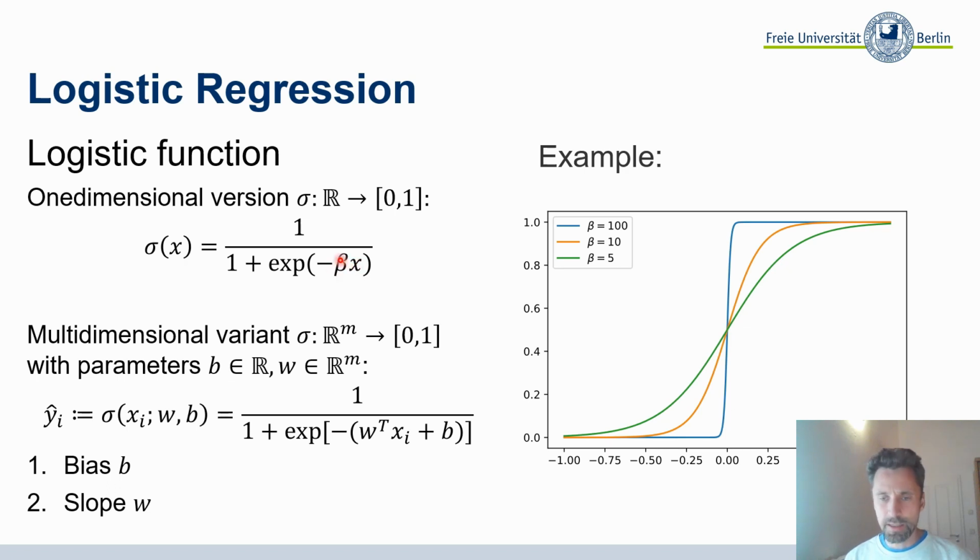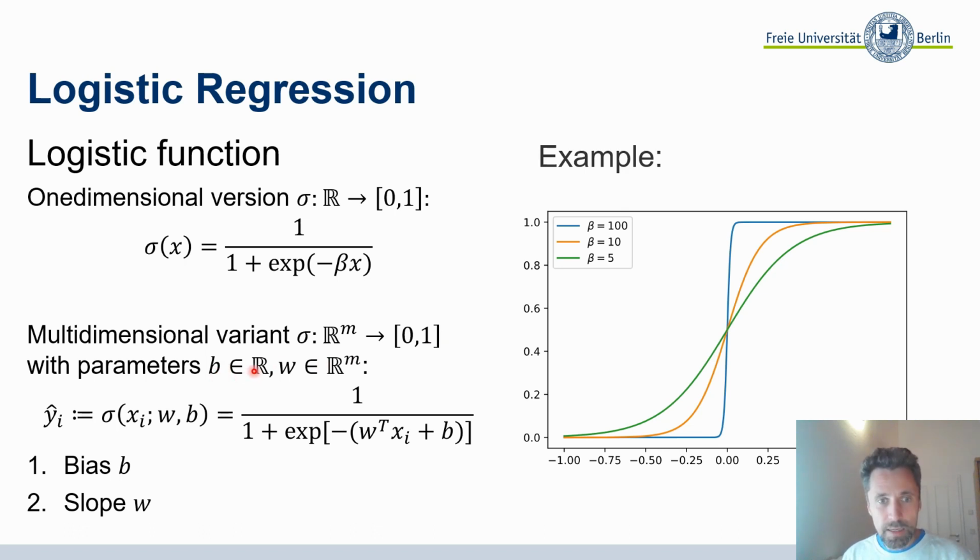And beta is a parameter here that controls how steep this gradual step is. So large betas make the function look like the Heaviside step function again, and smaller values for beta make this transition smoother. In the multivariate case, we have a mapping from m-dimensional vector space to 0 to 1, and we use parameters that you should already know.